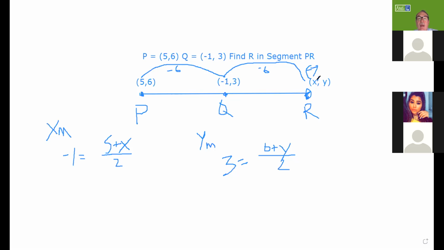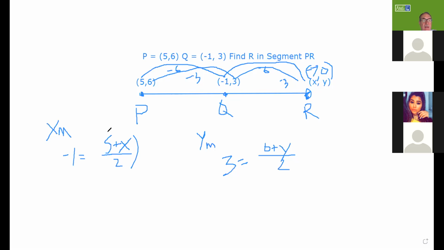So that looks like my X value for the other endpoint. Do the same thing from the Y values. From 6 to 3 is down 3 more. Should be 0. So that's my prediction for what my calculation should give me if I've done this correctly.